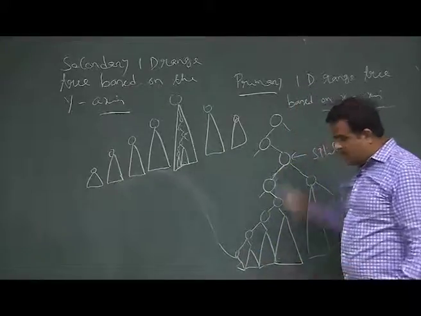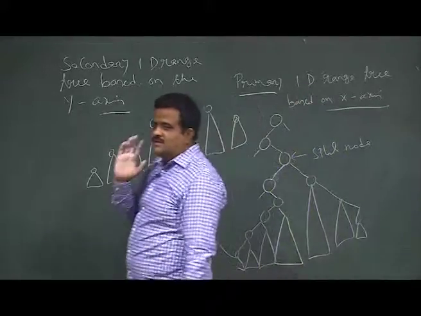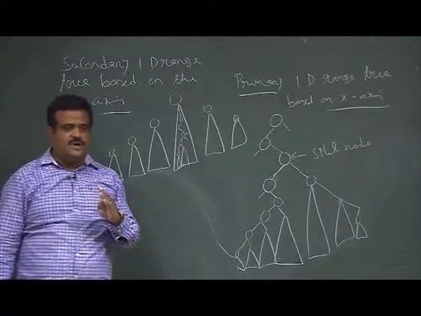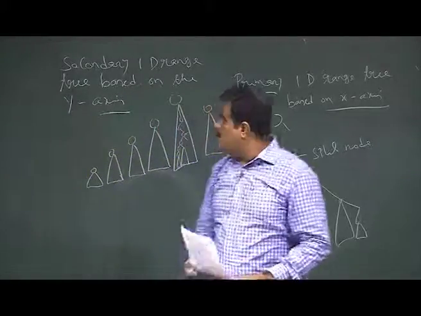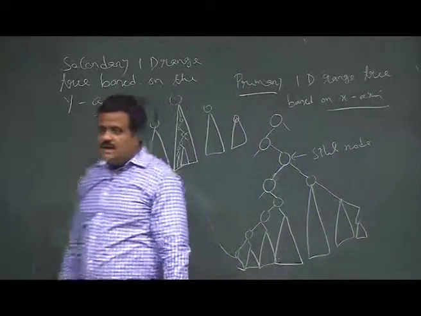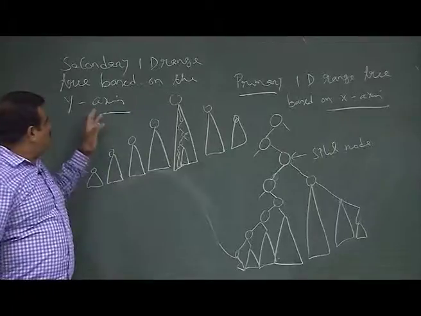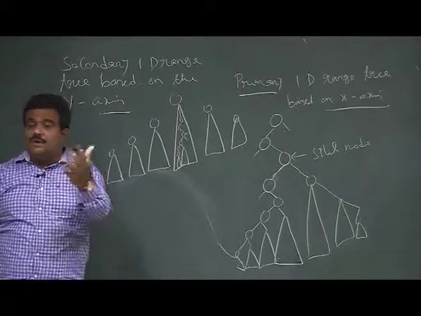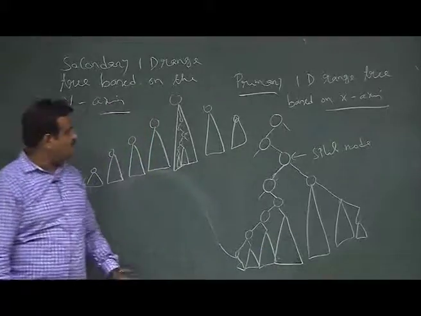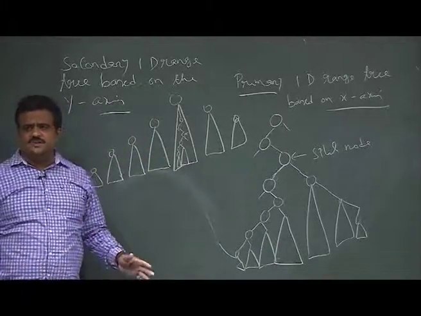So, basically what we are doing, we have two data structures, two range trees. One is the primary range tree, based on the x axis, and then the second one is based on the y axis, stored in a tree for all the points, because we do not know which points will come into this. So, lots of data structures are going on.